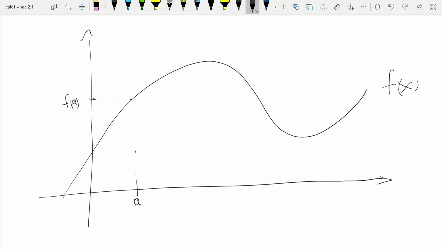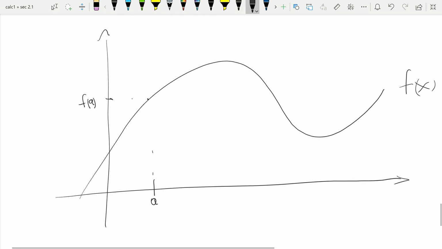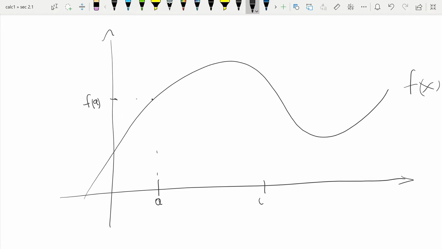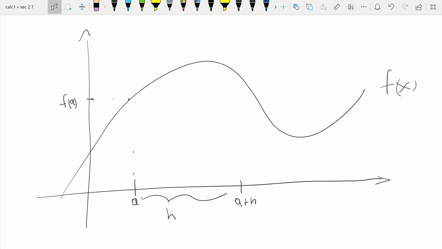And let's suppose that we're just moving away from a and we're adding a certain number h to a. So this thing here is h. If we add that length to a, we're sitting at a point a plus h. This is the point x equals a plus h.